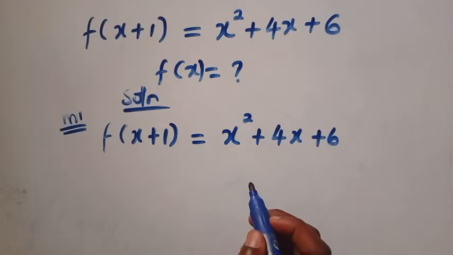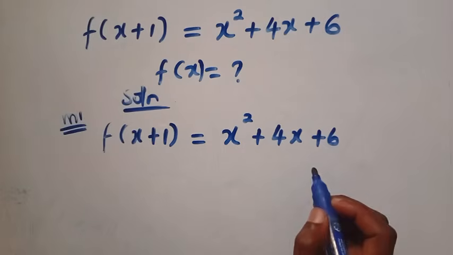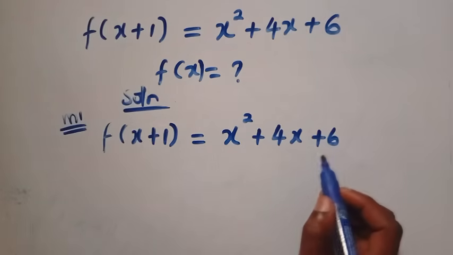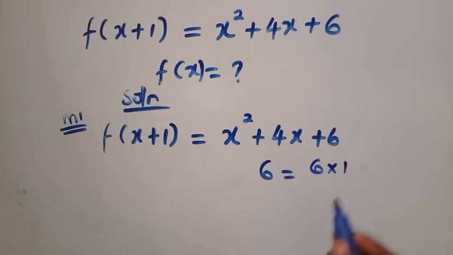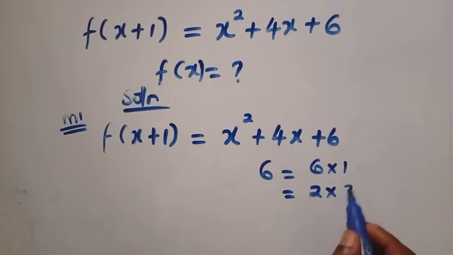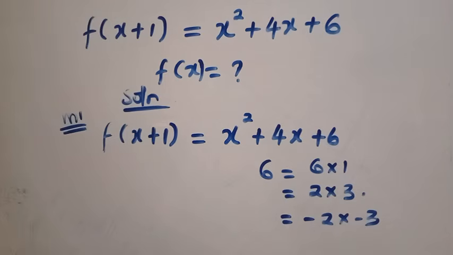No, we cannot factorize this, because if we try to look for some numbers here, we have 6, so 6 equals 6 multiplied by 1. This 6 also equals 2 multiplied by 3, and we can still have 6 as minus 2 multiplied by minus 3. But the sum of all these, nothing equals 4.